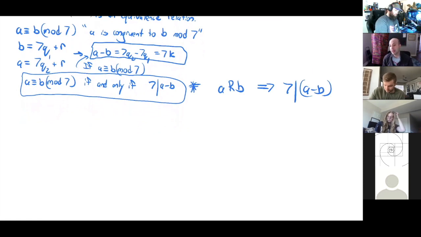Basically we're saying that A is related to B if 7 divides their difference. That's the same exact thing as saying that.